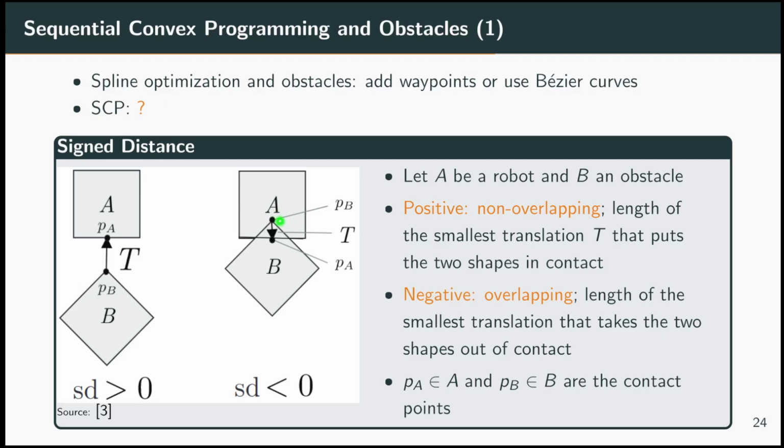And this number also tells us a little bit how badly we are overlapping. Okay, and so these two points here, PA and PB, are also known as the contact points, because if the distance were 0, those are the two points that would touch. And this length we call the signed distance, like we discussed last time.